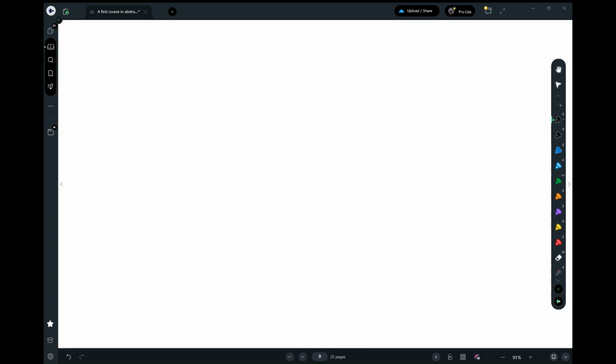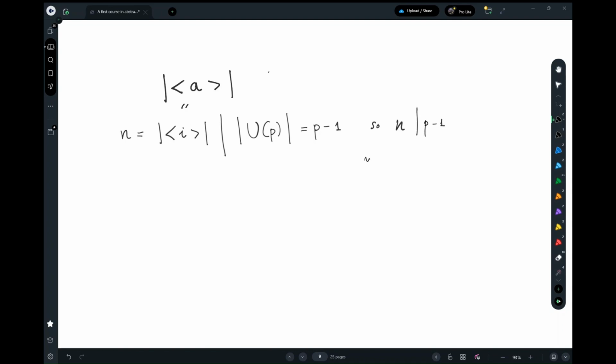So the size of the subgroup generated by A, in terms of congruences the same as the subgroup generated by this element I, will divide the size of the group U_p, which is p minus 1, and this is n. So n divides p minus 1, where n is the order of A.